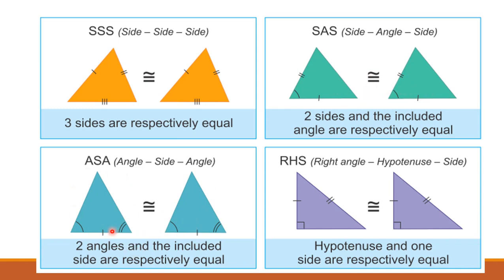The ASA rule says two angles and the side included between them are equal. And the RHS rule says that for right triangles, if the hypotenuse and one side are equal, then the two triangles are congruent. By this we can memorize, or get the concept very easily, of the four congruence criteria for triangles to be congruent.